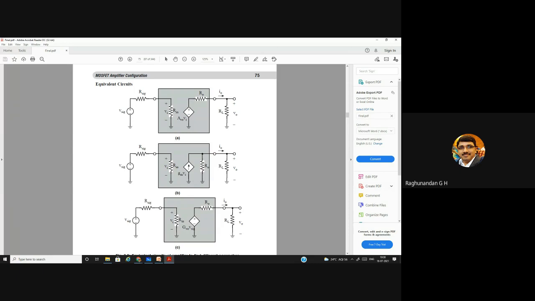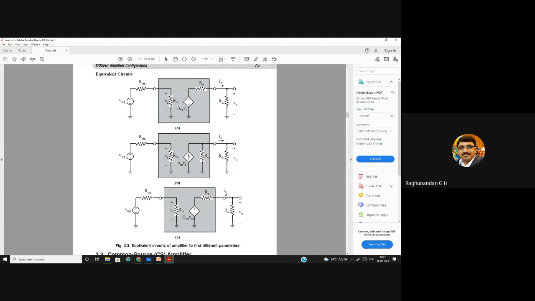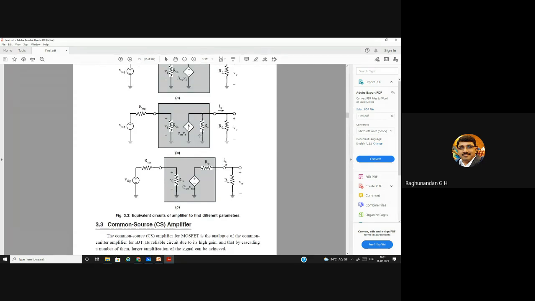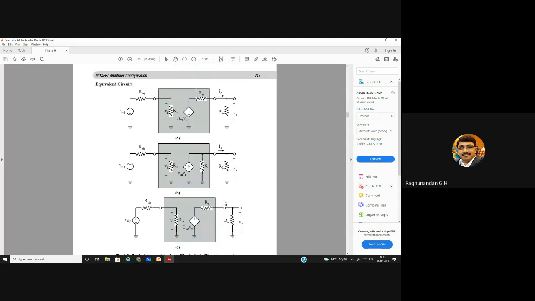So we split this voltage source and resistance this way: a resistance and voltage source in series can be written as a current source with a parallel resistance. And when you consider the overall voltage gain and the transconductance, the simplified circuit can be written like this, which is almost the same as the initial circuit we wrote.